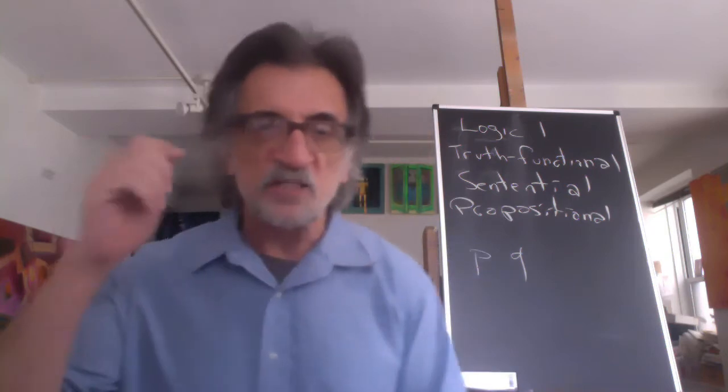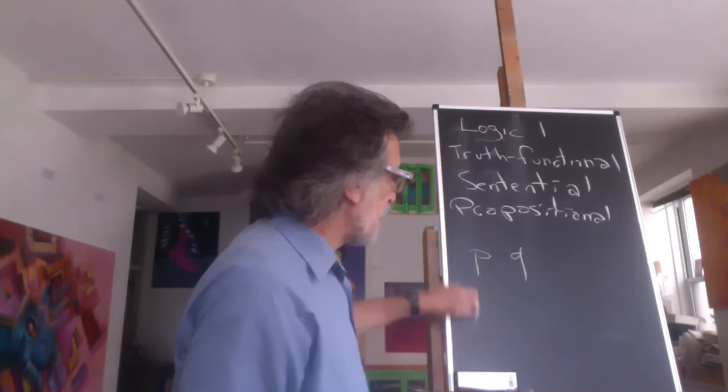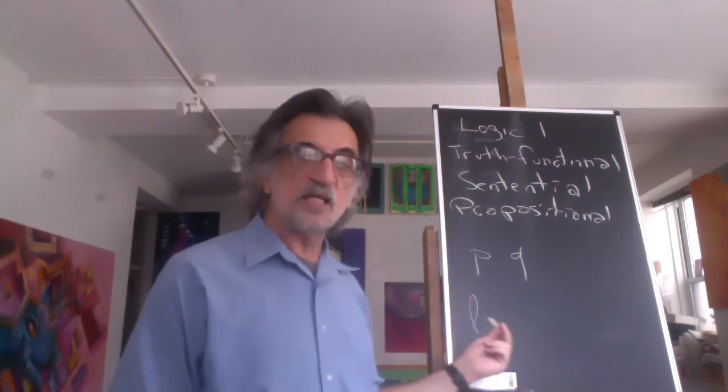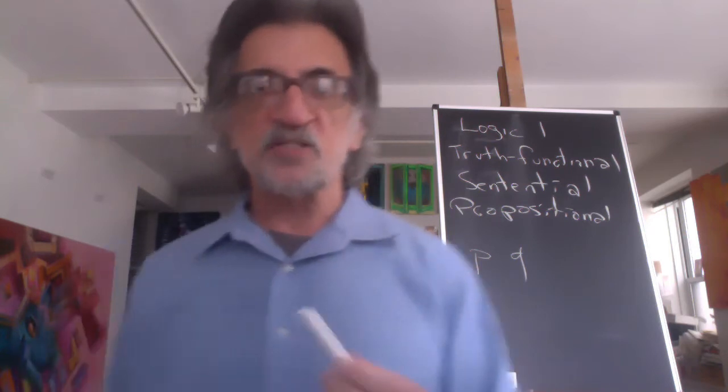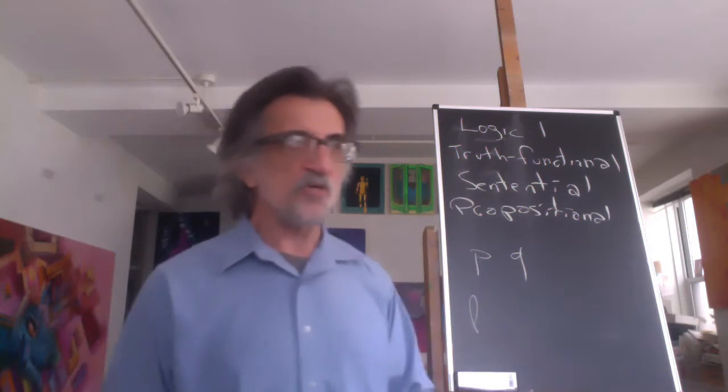Like if there was a sentence, this is logic class, and maybe we might symbolize that with a lowercase l and say, let L mean this is logic class. When we're talking about sentences in general, things that operate as they do simply because they're sentences, even when we don't know what their sentence is about, then we use P and Q.